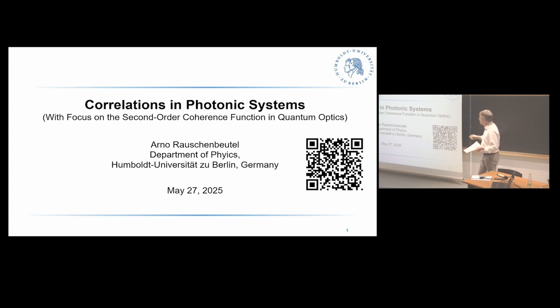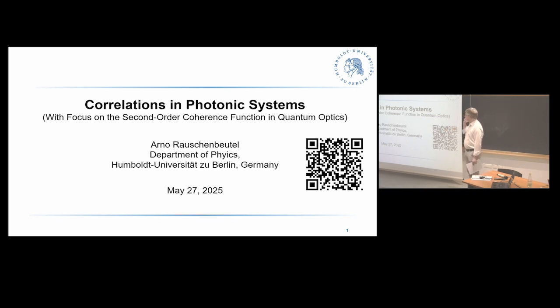And the third thing is that I will focus on the second order coherence function and will actually, in the experiments from my group that I will be presenting in the second part, focus on systems with few excitations, okay? In that sense, I feel a bit intimidated by following a talk by Isabel and David about many body physics, right?